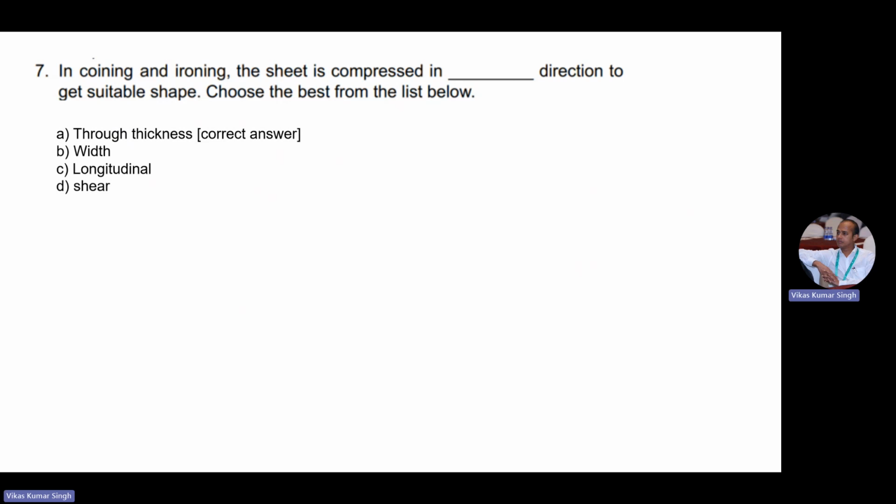Now coming to the next question. In coining and ironing, the sheet is compressed in which direction? So first, what do coining and ironing mean? You have a sheet of some thickness, and sheet means some length and width will be there. I'm just considering it like this.